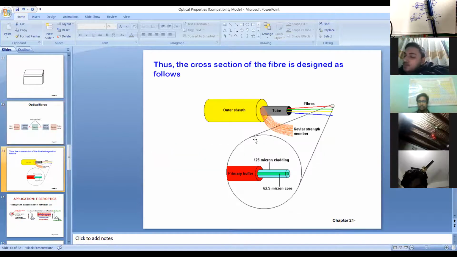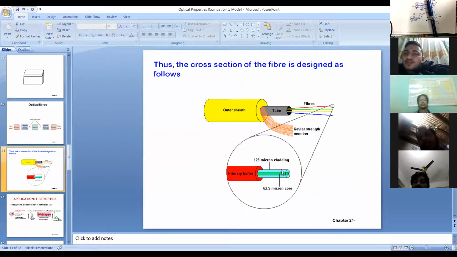Now this is the optical fiber. You see, these are the fibers, very thin, like human hair. You see, this is the core. This is the core by which the light travels, and this is the cladding.